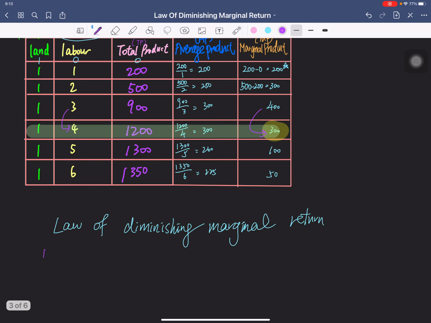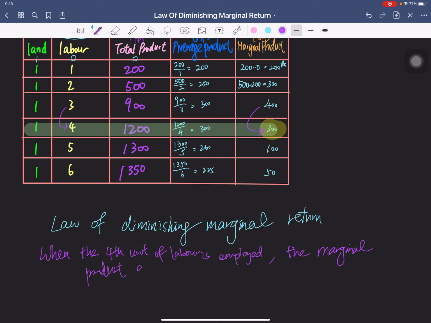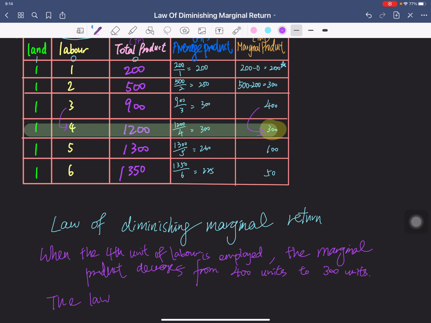So you should say that when the fourth unit of labor is employed, or you can say being added, the marginal product decreases from 400 units to 300 units. So this is how you say the law applies.